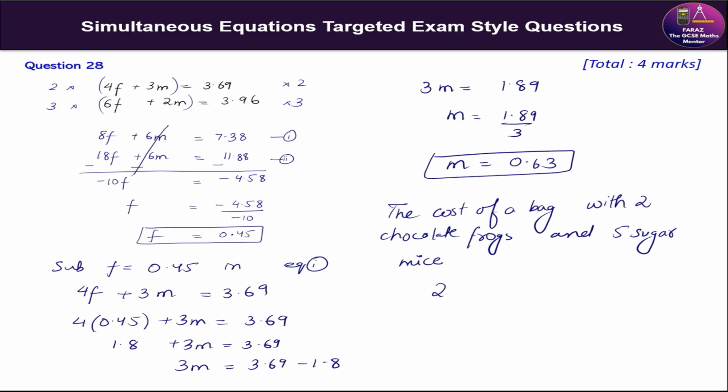It would be 2f plus 5m, makes sense, and then 2 times 0.45 plus 5 times 0.63.